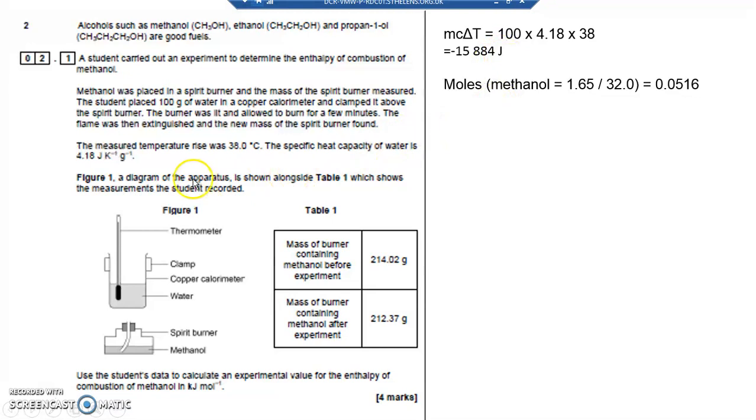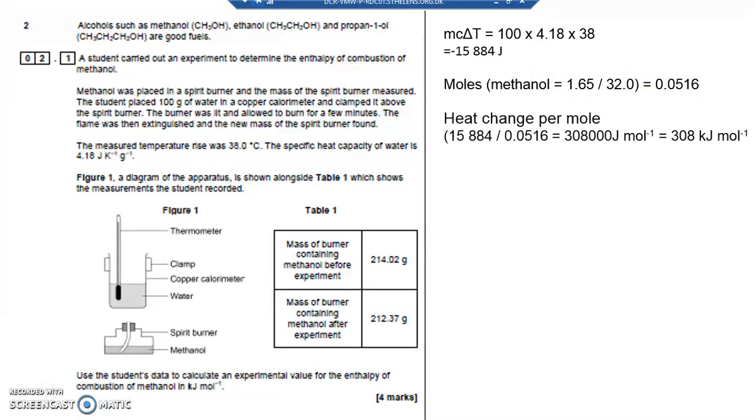Now I've got to work out what would be given out per mole. Well, this amount is very much less than a mole, so if I divide 15,884 by this small amount, it will tell me the number of joules of energy that would be given out if I had a full mole.